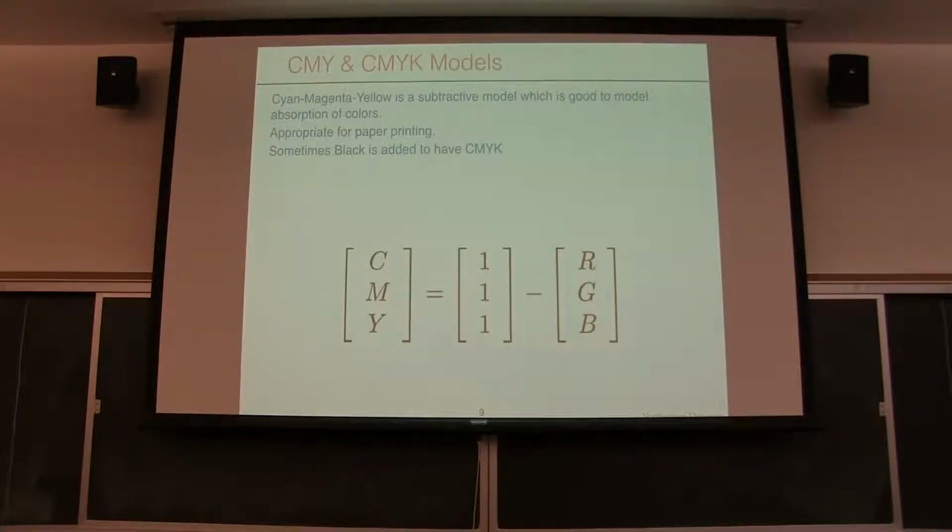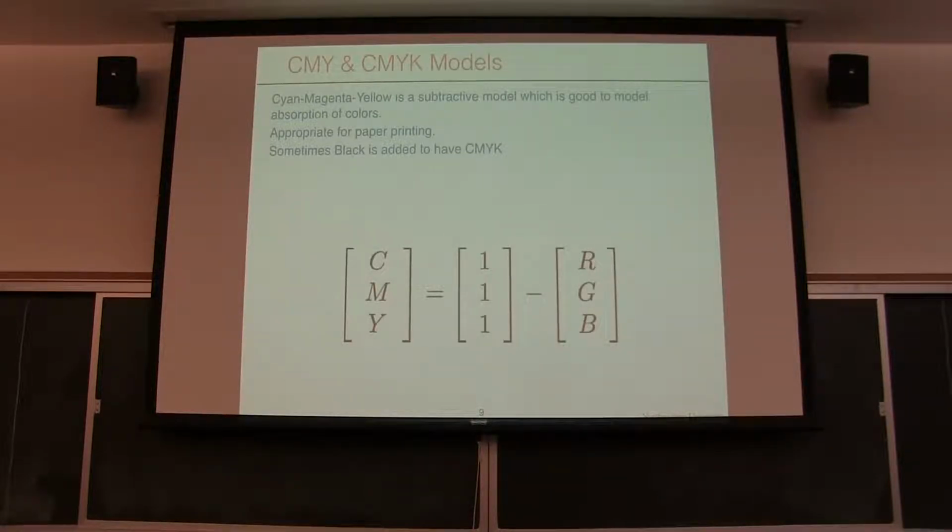Last time we discussed that for paper printing, instead of having an additive model, we want a subtractive model, and so we use this cyan, magenta, yellow, black color model. And it's very easy to go back and forth between the two, right? These are the primary colors, these are the secondary colors, and it's basically just taking the primary from white. White is 1, 1, 1.